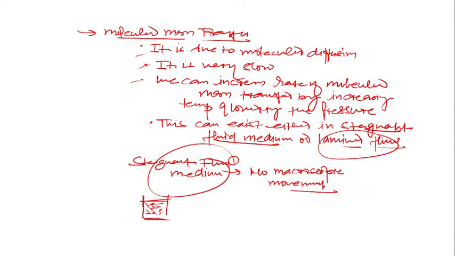In laminar flow also the mass transfer exists only by molecular phenomena. Just like I told you in fluid mechanics, in laminar flow the transport of momentum is only by molecular phenomena, given by Newton's law of viscosity. Similarly, in stagnant fluid medium as well as laminar flow medium, the mass transfer is only by molecular diffusion. Is this clear?